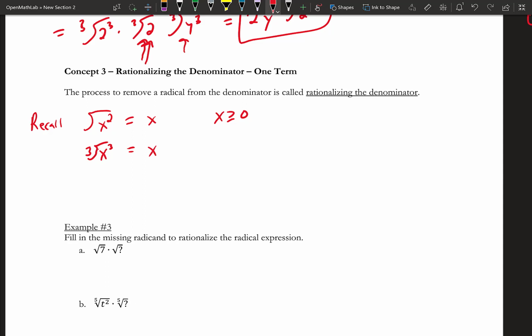If I have the 4th root of x to the 4th, that's just equal to x, assuming x is bigger than or equal to 0. If I have the 5th root of x to the 4th, this is going to equal x, right? We could keep going. Whoops, sorry, that should be x to the 5th. So the 5th root of x to the 5th is just equal to x. We could just keep that process going.